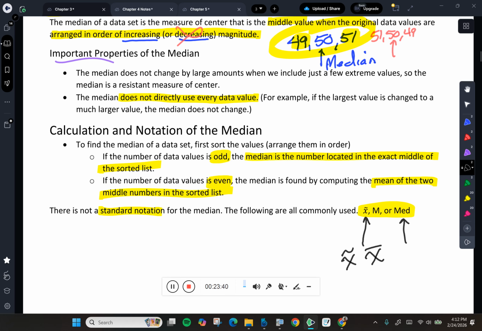If you're typing it, those two are clearly different. But if you're writing by hand, a sloppy this could look a lot like that, and I wouldn't be able to tell, is that the median? So you won't see me use that in the notes. You might see it in a homework problem here or there. And M also, I'm just going to write out those 2 extra letters and call it the median. That's where I'm going to feel happy, and that's what I'm most likely going to do.